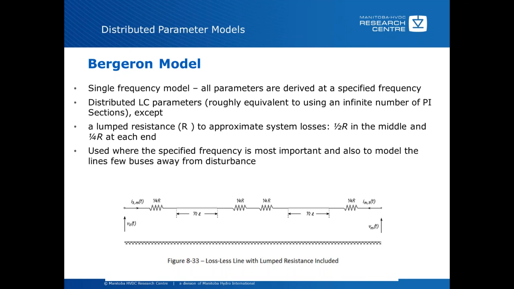However, the resistance is lumped. It's not a distributed element. So in practice, the Bergeron model is used where the specified frequency is most important in your study, and also to model transmission lines a few buses away from the disturbance.